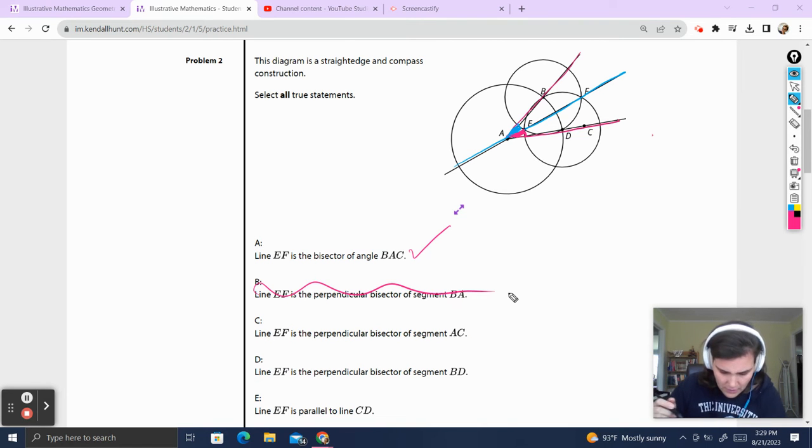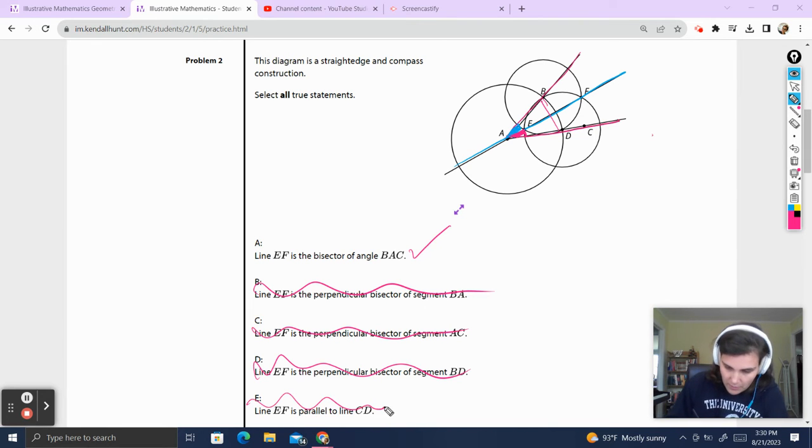Let's cross it out. Is line EF the perpendicular bisector of segment AC? AC is not perpendicular bisected anywhere. No. Is line EF the perpendicular bisector of segment BD? BD goes from here to here. No, I would say no. Line EF is parallel to line CD.